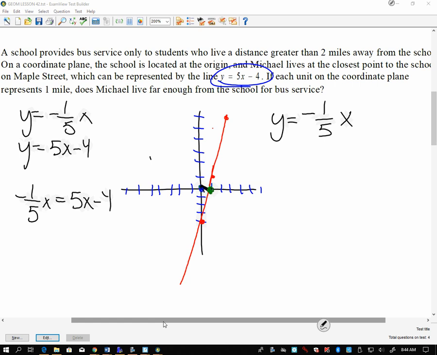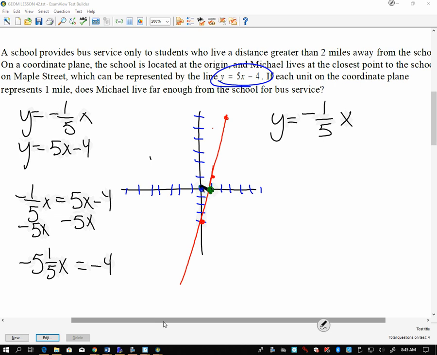From here, I'm going to subtract 5x. So I have -1/5 minus 5. It'd be -5 1/5 x, but it's going to equal -4, so I still have to divide by -5 1/5.